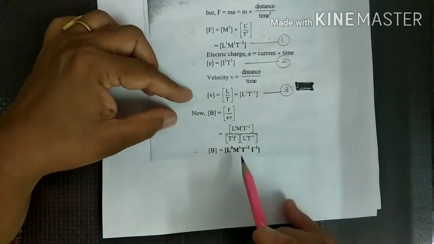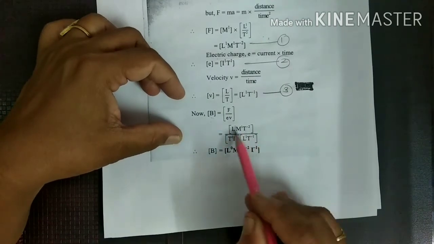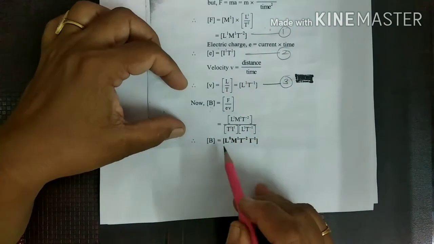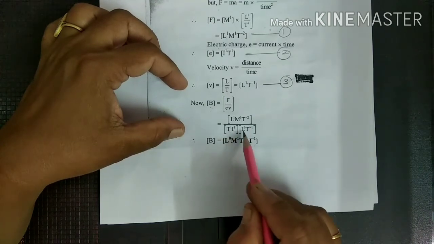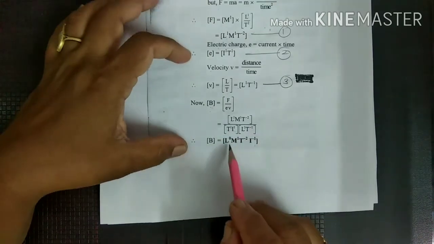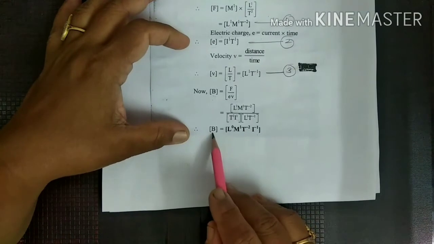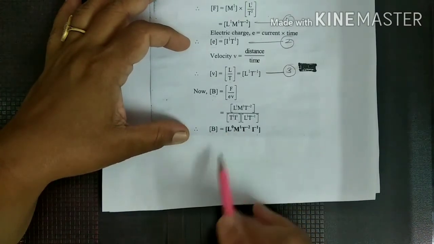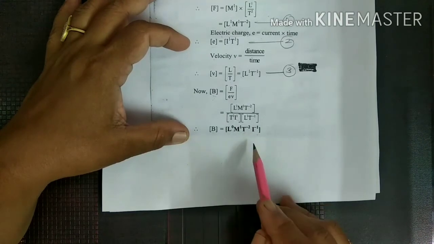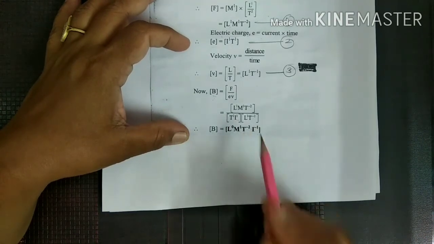We put all those dimensions here and solve the equation. The denominator dimensions go to the numerator, and finally B is equal to L raised to the power 0, M raised to the power 1, T raised to the power minus 2, and I raised to the power minus 1.